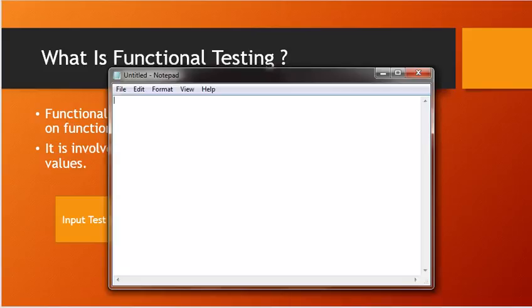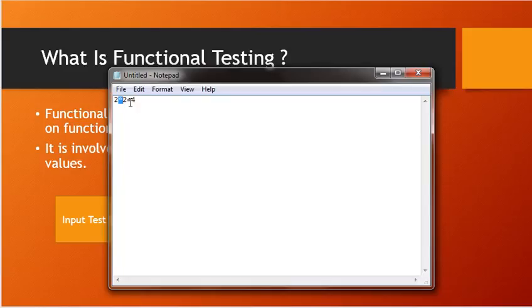Okay, so here in a calculator, what if I give 2 into 2? I get an output of 4. That is, the system is able to understand two different inputs. One is a number, that is 2, and one is a cross symbol. That is, it has to multiply two different values.